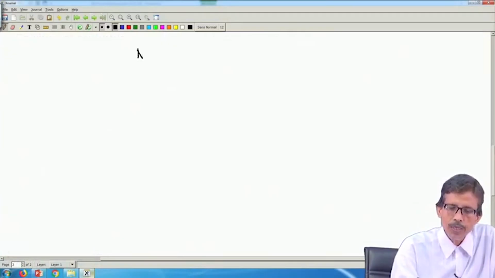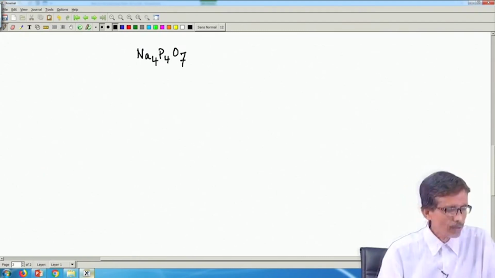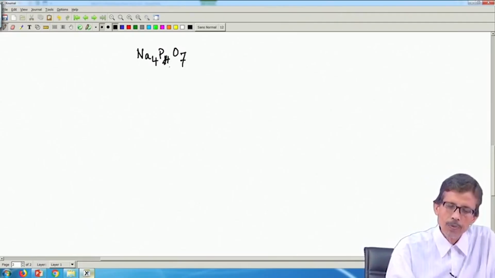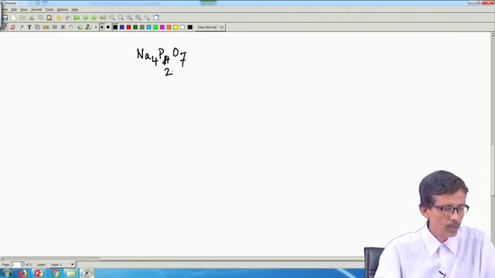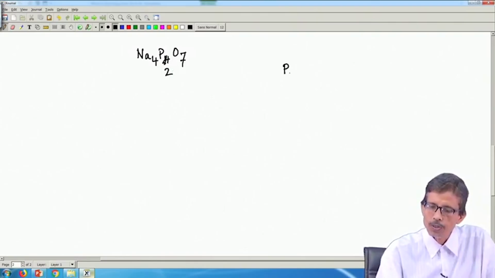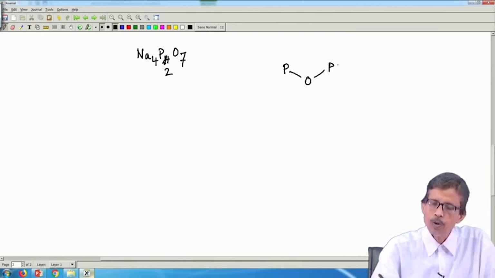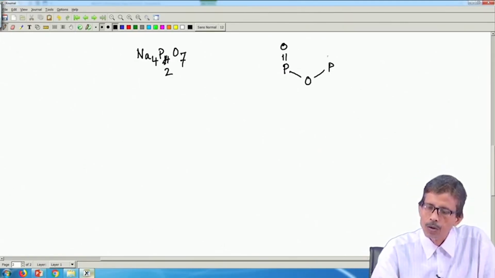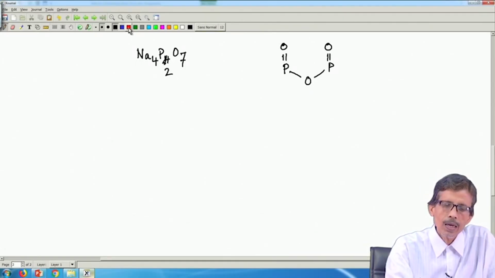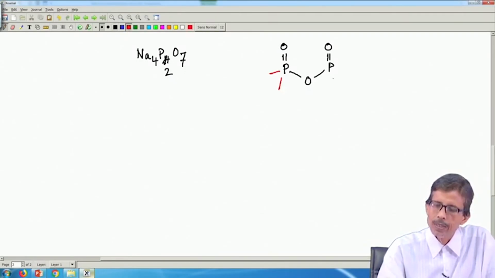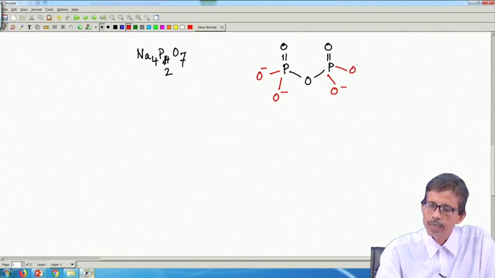So, the next example we will take is Na4P2O7, not P4, it is P2: Na4P2O7, that means your diphosphate. In the diphosphate we have the POP linkage, and that POP linkage will have the double bonded oxygen over there, and we can have these other groups also. That means you have this O as O minus, here also O as O minus, O as O minus.